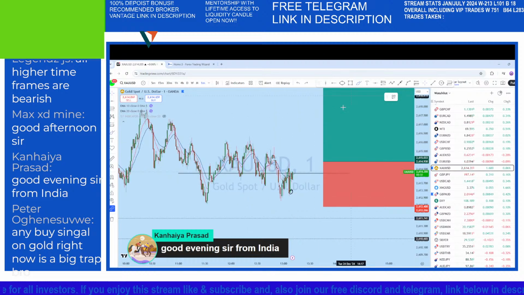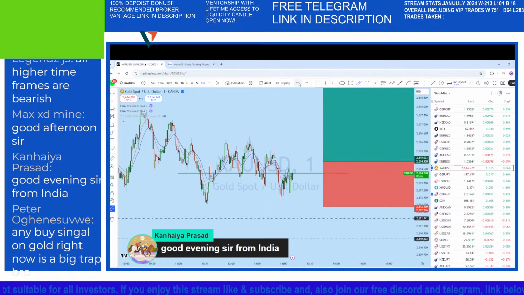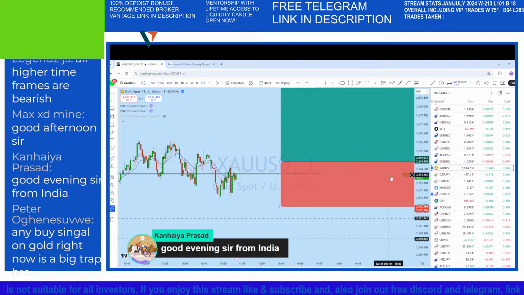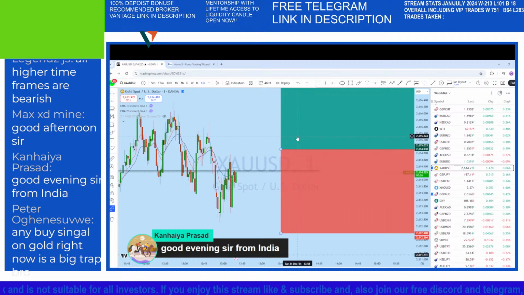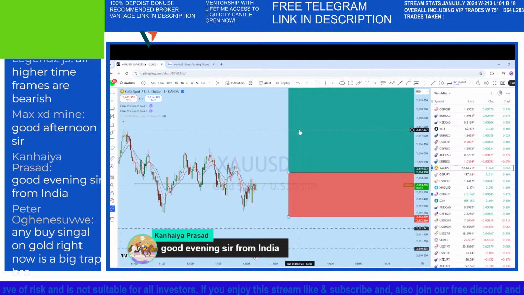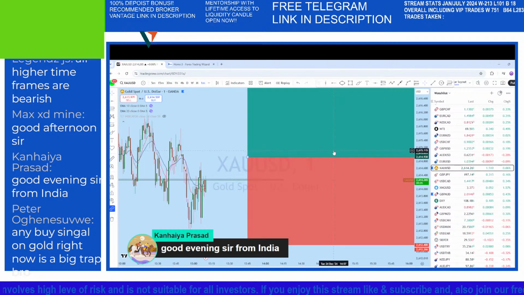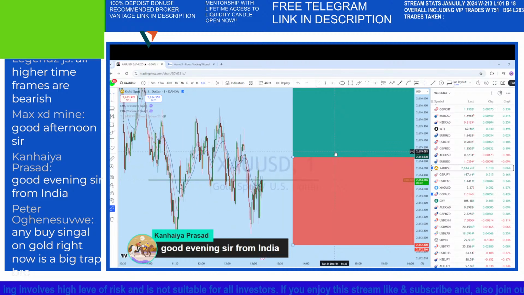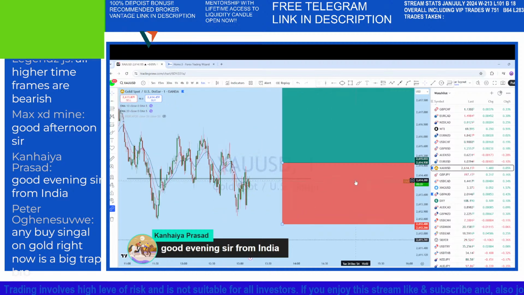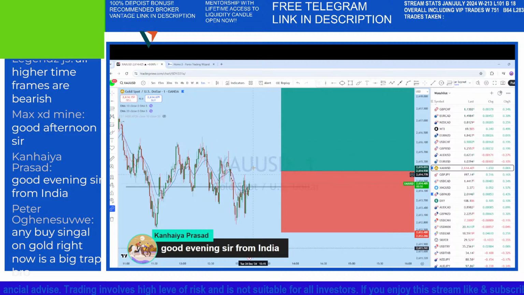Okay, so here is what you can see, an inverted head and shoulder formation potentially, and then a trend in the direction. So with that inverted head and shoulder, you start to trend.